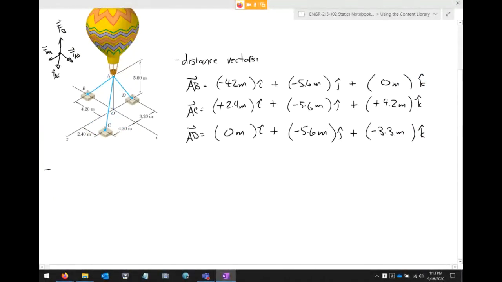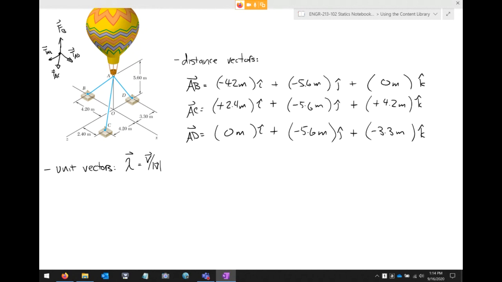Okay, so now the next step is we're going to write out our unit vectors. And remember our general formula for a unit vector, so we use lambda. Our general formula for a unit vector is we take some vector and divide it by its own magnitude so that we get a vector with a length of 1.